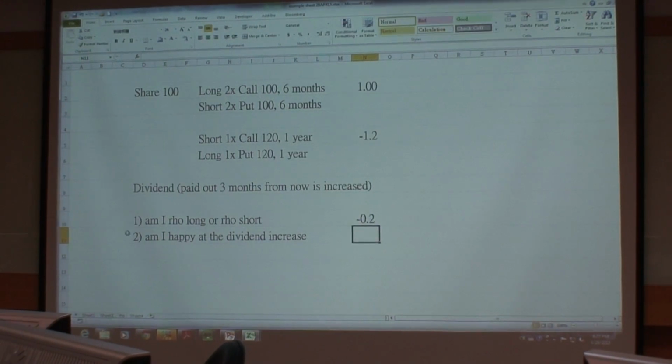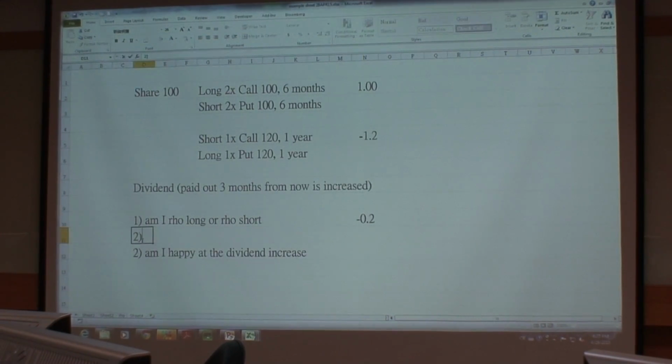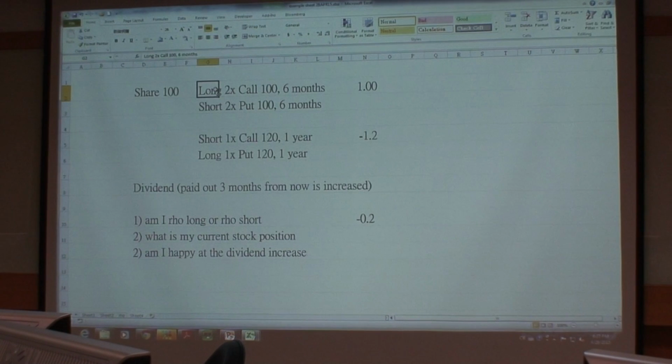You can also look at it, what's my stock position? Maybe that's going to be question 2. So how do I hedge a long synthetic? By selling 2 shares.